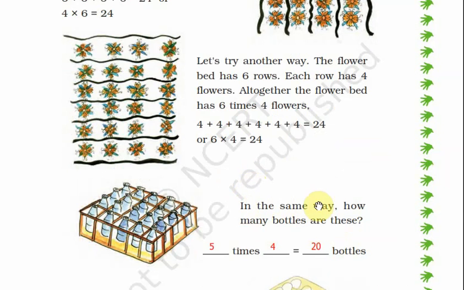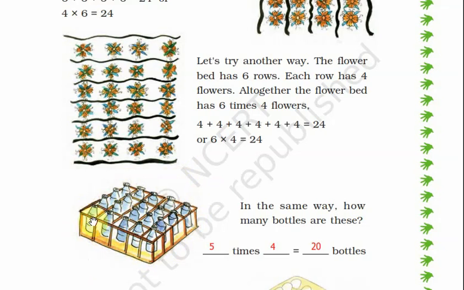Okay. In the same way, how many bottles are there? So here there are many bottles. Okay. So it is arranged in boxes. You can see arranged very neatly in each column. Let us see how many rows are there. So 1, 2, 3, 4, 5. There are 5 rows.